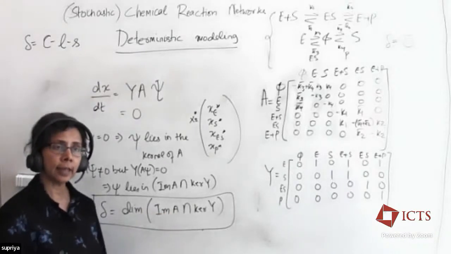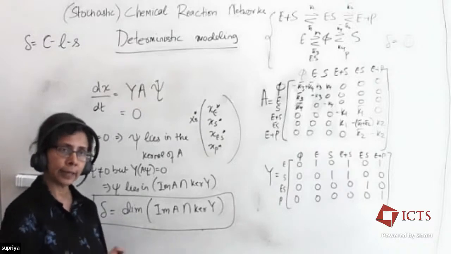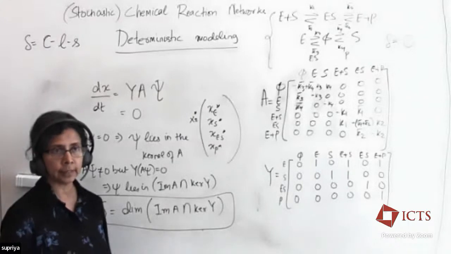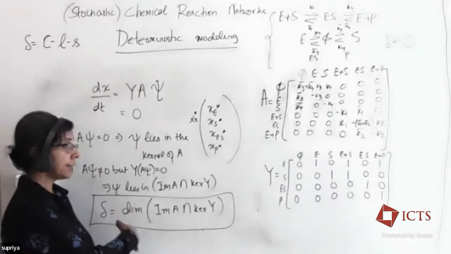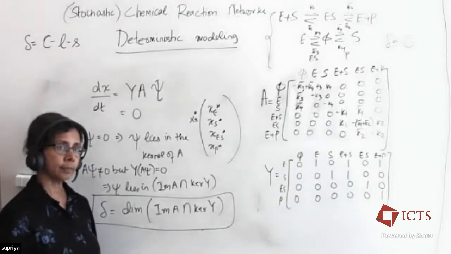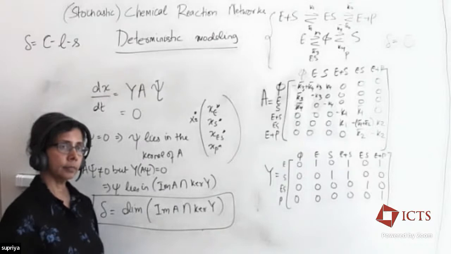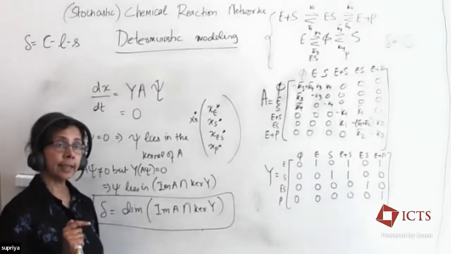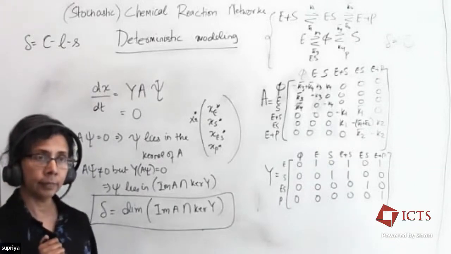Of course, I'm thinking of independent vectors, right? A vector multiplied by 10 is not going to give me any new information. So the space of all vectors which lie in the image of A and also in the kernel of Y. Deficiency 0 then means that there is no such vector.